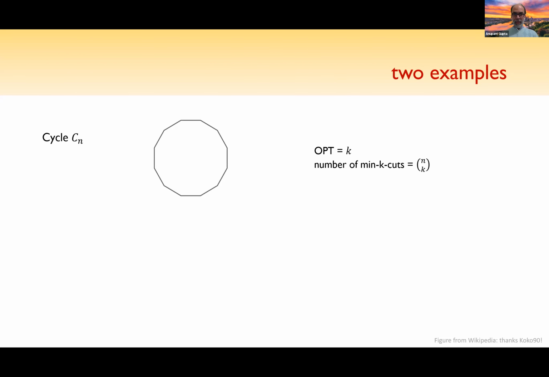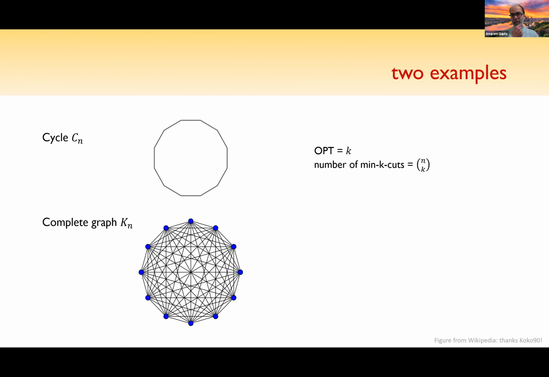Okay. And here's the other canonical example. It's a complete graph. If you want to break this into k pieces, cutting the fewest edges, really what you want to do is cut k minus 1 of the vertices out. So you want to nibble away k minus 1 of the vertices.